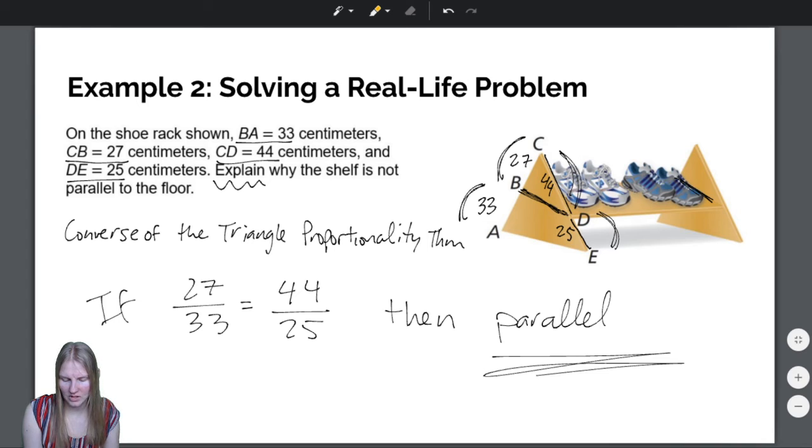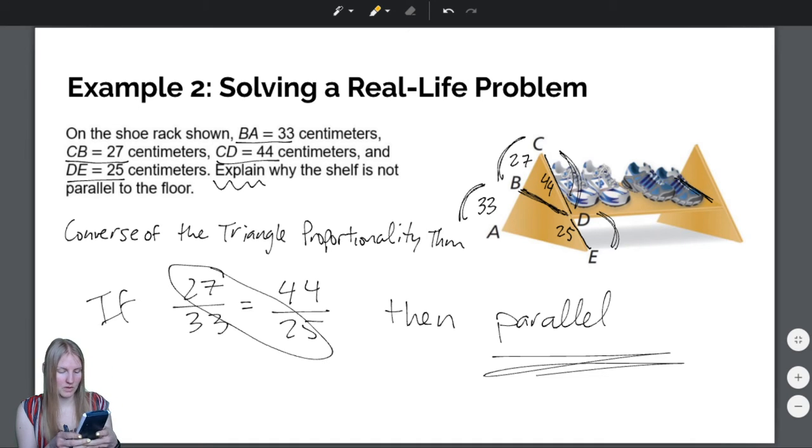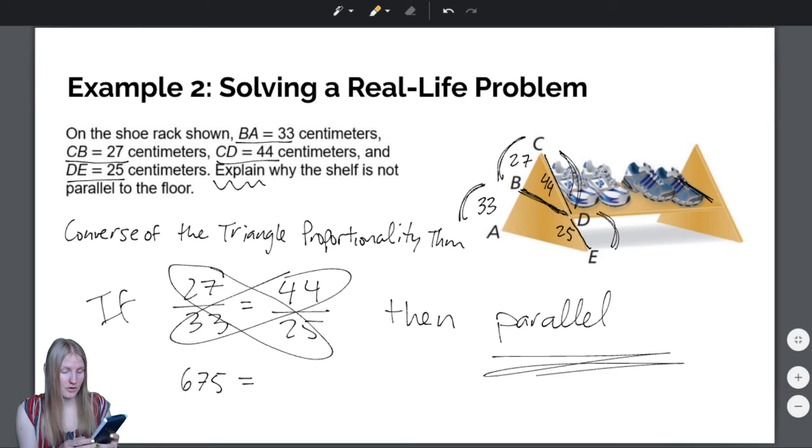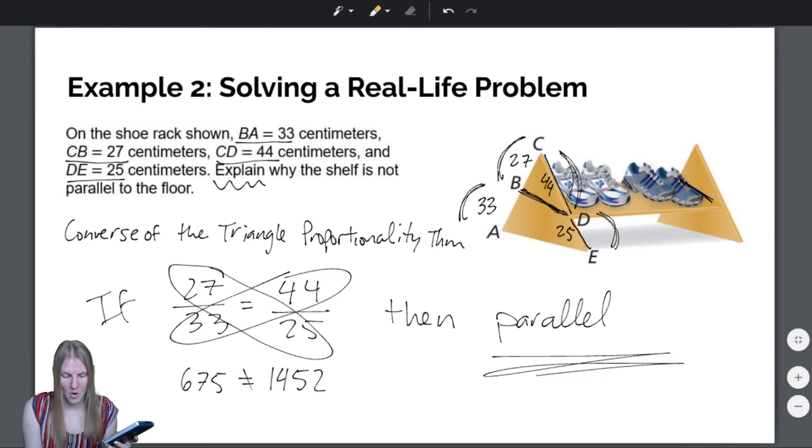I could simplify these fractions, or maybe I can't. Let's cross multiply. 27 times 25 is 675. That should be equal to 33 times 44, which is 1452. Whoa!